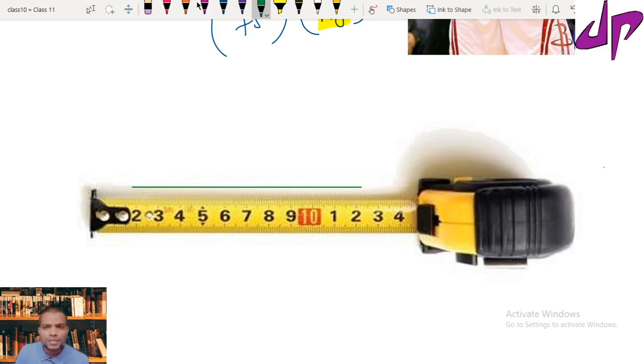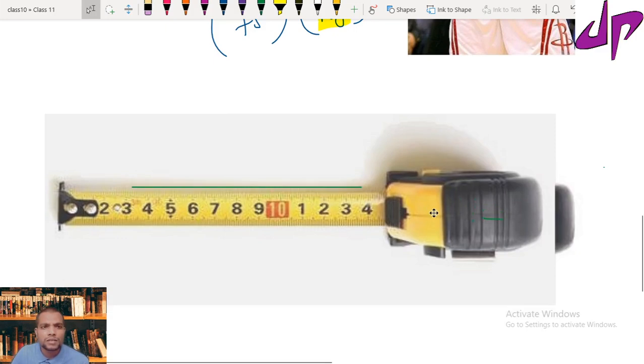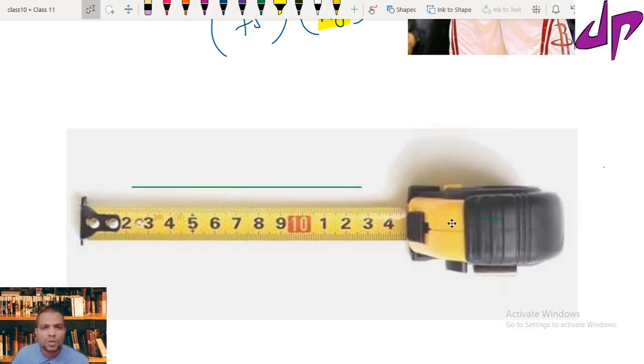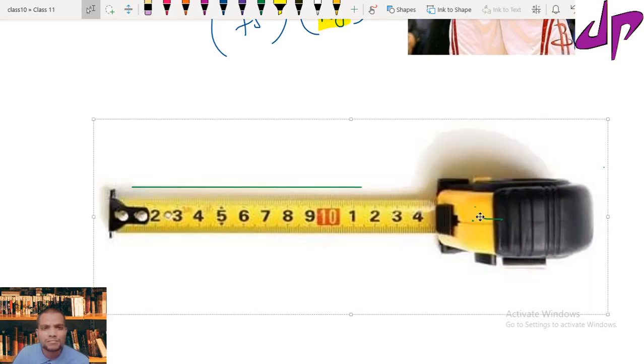Now I want to measure the length of that line, which we can do using this instrument. If we keep it close to the line, we can measure it in centimeters and get a certain quantity.